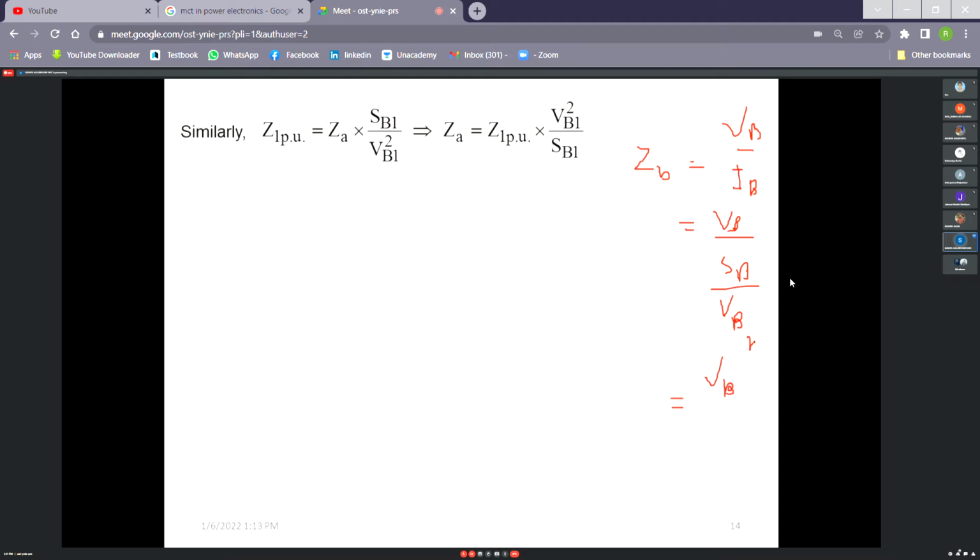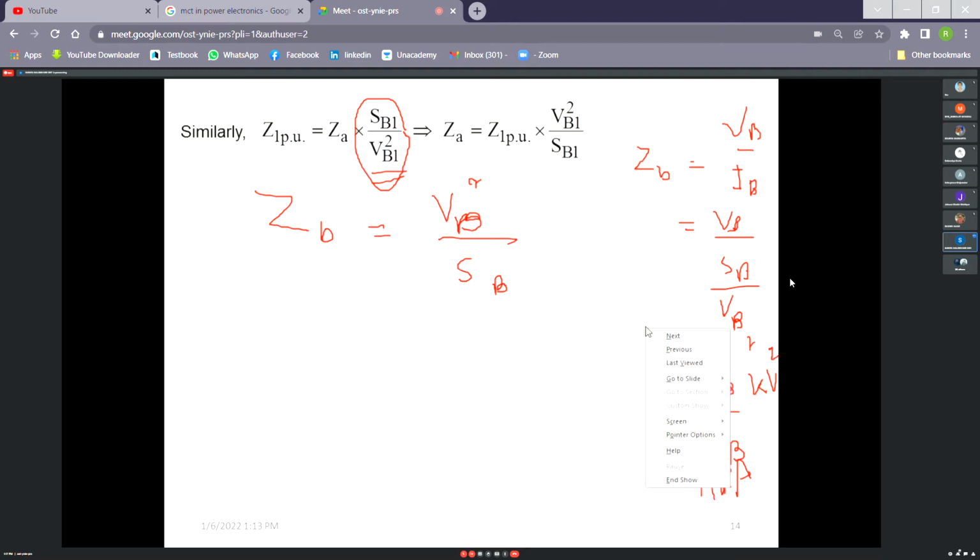And the unit of VB square by SB will be the same, because if SB is in MVA and VB is in kV, that means kV square, so 10 to the power 6 in the numerator and denominator will cancel out. So in that way, generally we use SB1 by VB square directly. But SB1 by VB square is not ZB; ZB is VB1 square by SB. I hope you can understand.